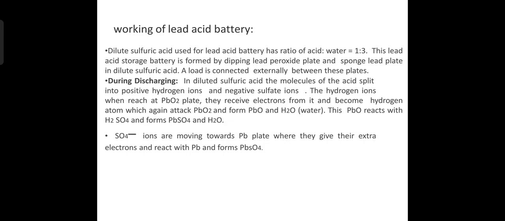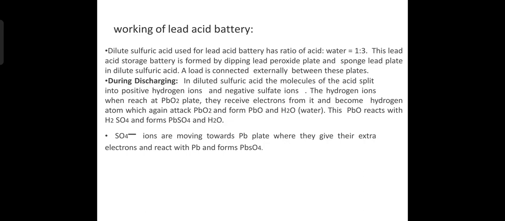During discharging, in the diluted sulfuric acid, the molecules of the acid split into positive hydrogen ions and negative sulfate ions. The hydrogen ions, when they reach the PbO2 plate, receive electrons from it and become hydrogen atoms, which again attack PbO2 and form PbO and H2O.